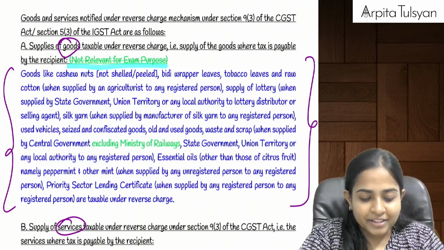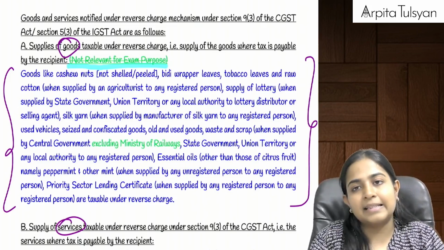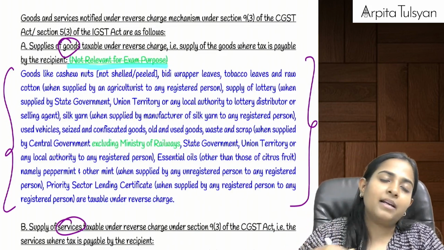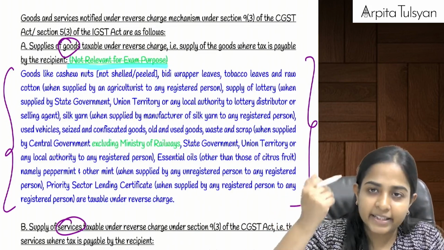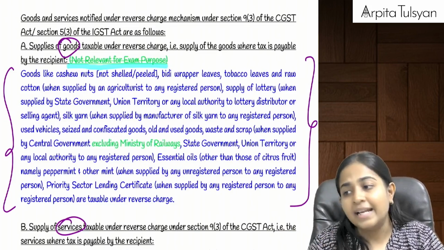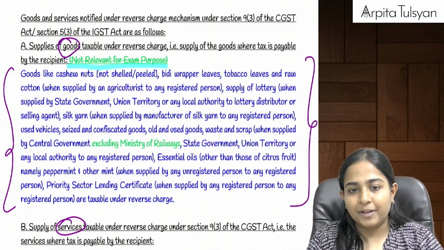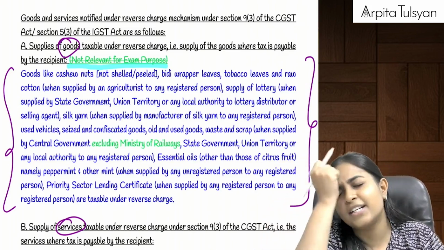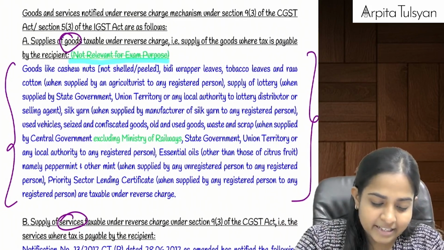Are you clear with this? So whenever a supplier is providing it to the recipient, the supplier is not going to collect the tax from the recipient. Instead, the recipient will directly pay the tax to the government. For services we had studied so many pointers. For goods we had not at all studied it.